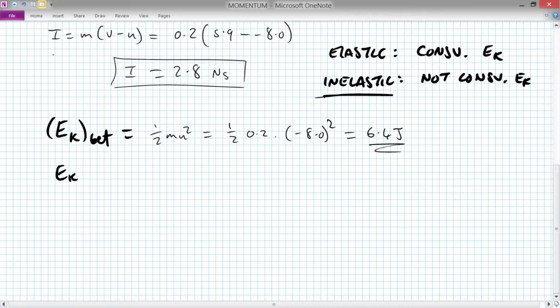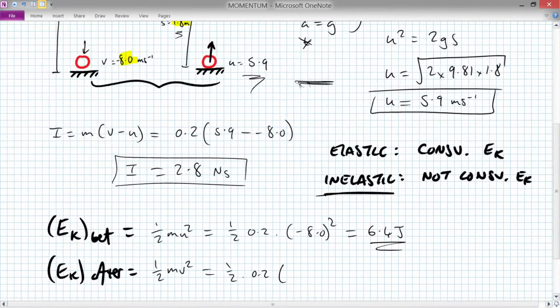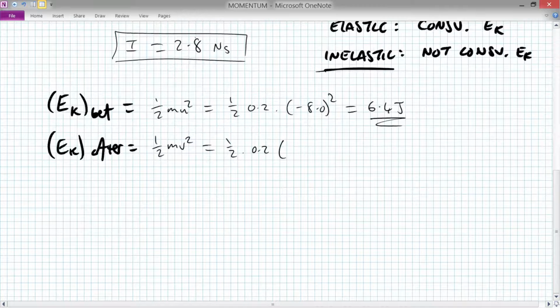Likewise, our EK afterwards, after the collision, we're going to be using our upwards velocity now, so it's going to be half mv squared, and that's a half times the same mass, 0.2, but this time multiplied by 5.9 squared. Banging that into your calculator, that's just 3.5 joules, so we can see there is some EK loss here.